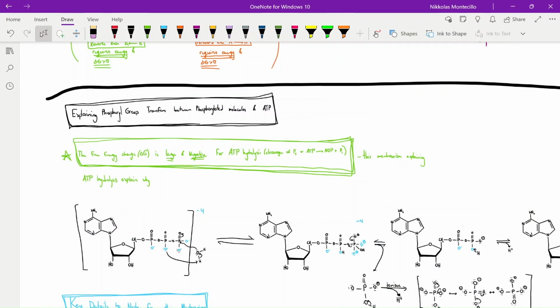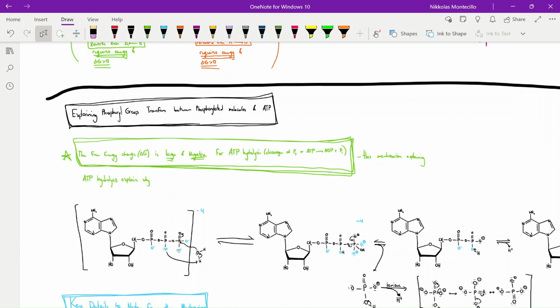Alright, we're back, and now this next half of the session is all about explaining phosphoryl group transfers, or phosphate group transfers between compounds. We're essentially going to be explaining phosphoryl group transfers between phosphorylated molecules and ATP.